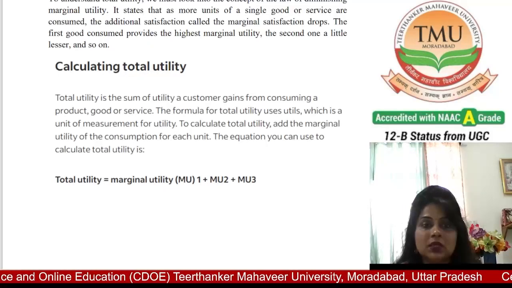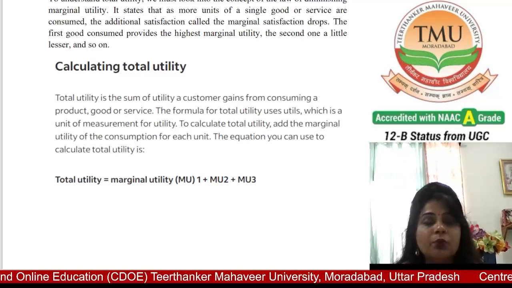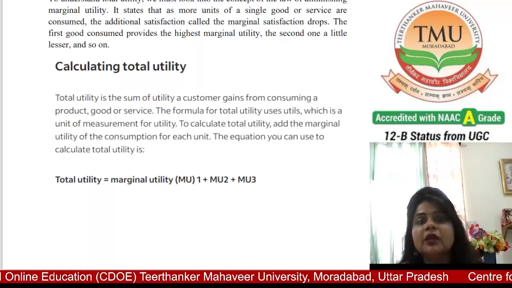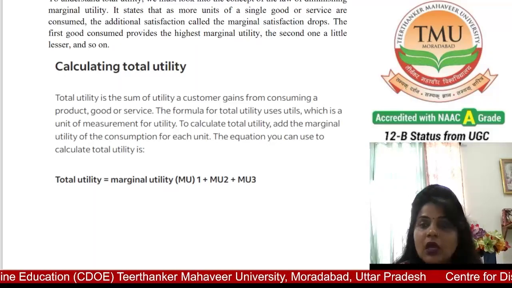Total utility is equal to marginal utility MU1 plus MU2 plus MU3. It means the sum of the marginal utilities is called the total.